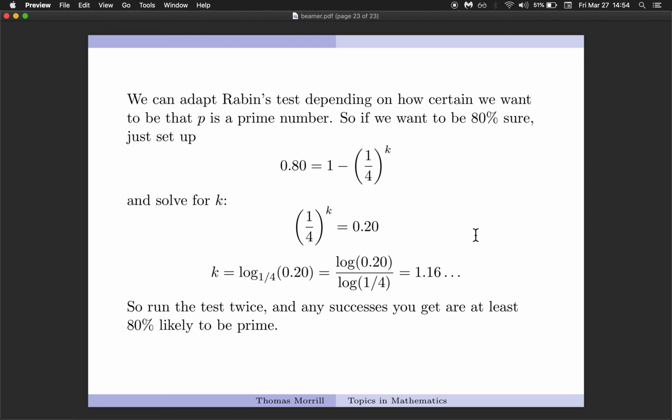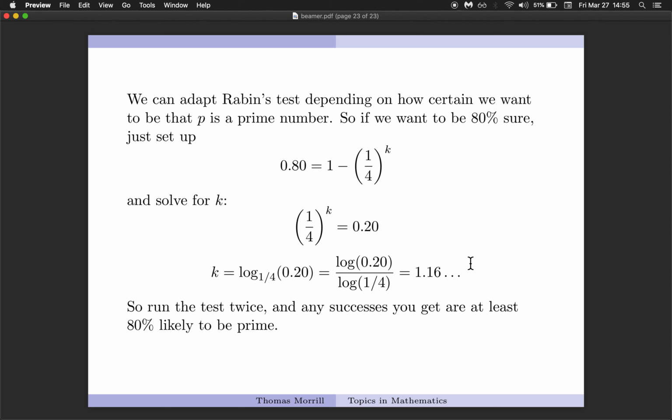And this is a test we can use. So if I wanted a 93% chance of actually having a prime number on my hands, even if it's some 10,000 digit long number, I'll just say, well, my k has got to be 2. So I pick 2 different bases, a1 and a2, and they can just be any random number between 2 and p.